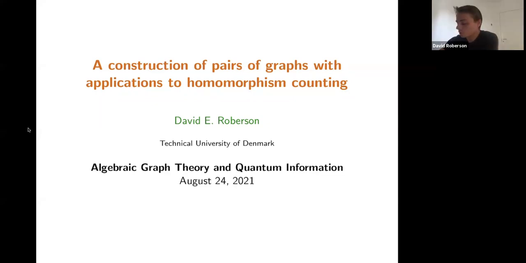The point of this talk is to try to understand these types of relations on graphs by looking at a construction that takes a connected graph G and constructs two graphs G0 and G1 in a way that we're able to pretty carefully analyze when a graph will have a different number of homomorphisms to G0 and G1. And of course, this condition will have something to do with the graph G. So that's basically the idea of the talk.